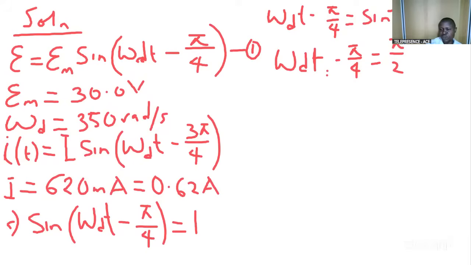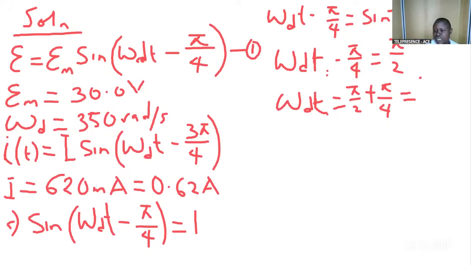If you take minus pi over 4 to this side, when you take minus to this side, you have plus. So omega d t will now be pi over 2 plus pi over 4, which is equal to 3 pi over 4.